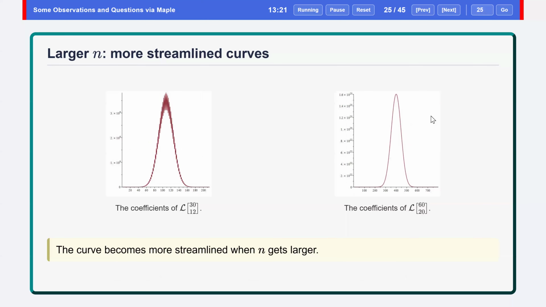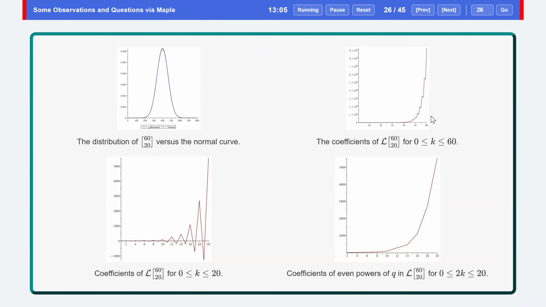Here it's alternating all the way, but when n gets bigger, it gets more streamlined. Okay, here is a distribution, the alternating property, and the even powers.